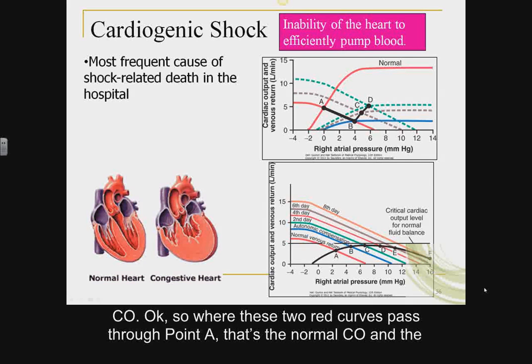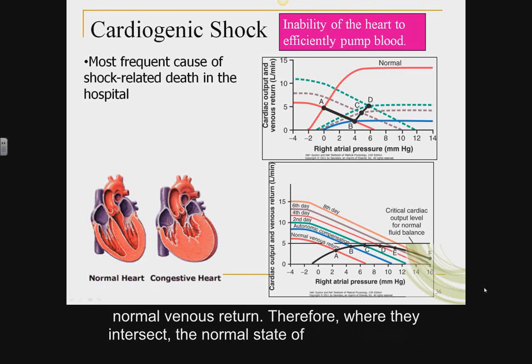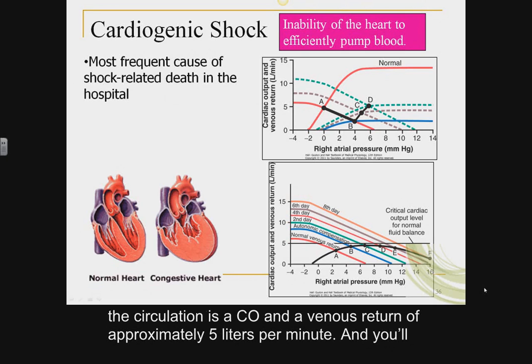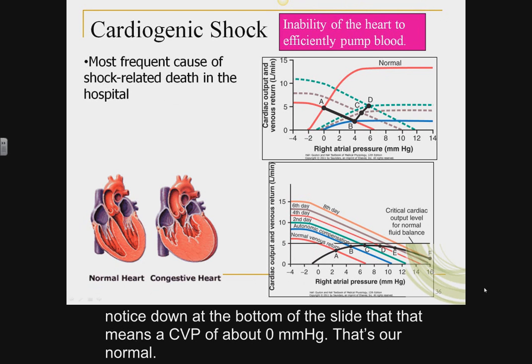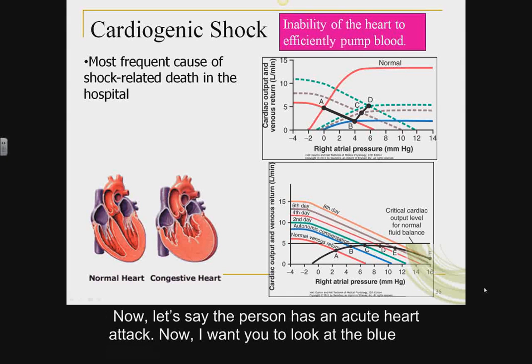Where these two red curves pass through point A, that's the normal cardiac output and the normal venous return. Therefore, where they intersect, the normal state of the circulation is a cardiac output and a venous return of approximately 5 liters per minute. And you'll notice down at the bottom of the slide that that means a central venous pressure of about 0 millimeters of mercury.